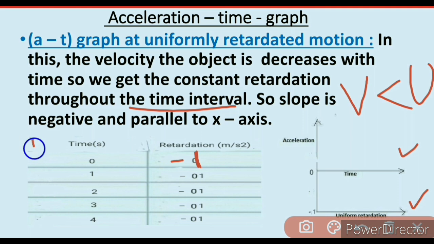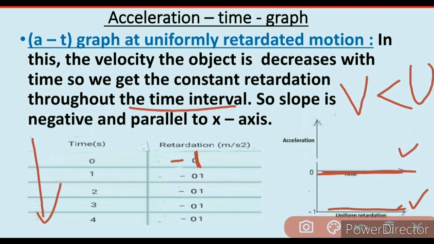So it is clearly seen that as time increases, the retardation value is constant throughout the interval. It doesn't change. That means the velocity of the object is decreasing with respect to time. So the line is at a negative value, parallel to the x-axis.